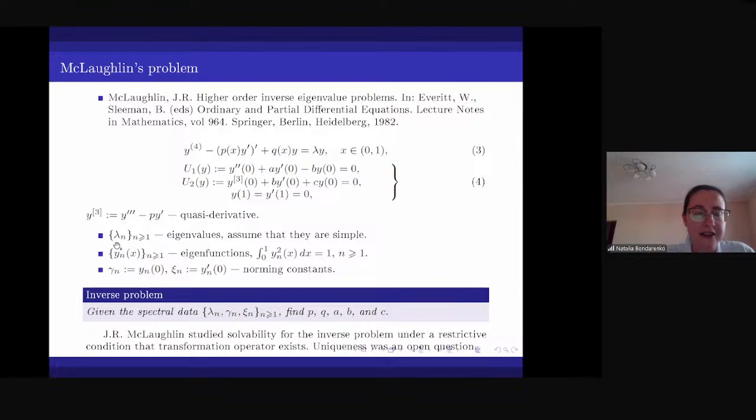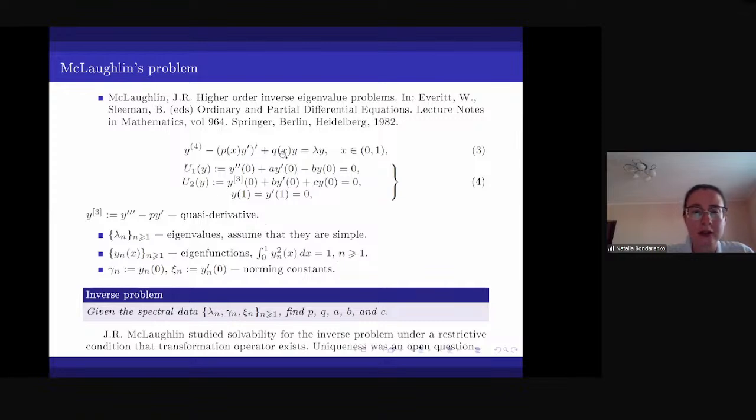Let lambda_n be the eigenvalues of the problem (3), (4). For simplicity, we assume that they are simple. Then there is exactly one eigenfunction corresponding to each eigenvalue. Let us assume that they are normalized by this condition.